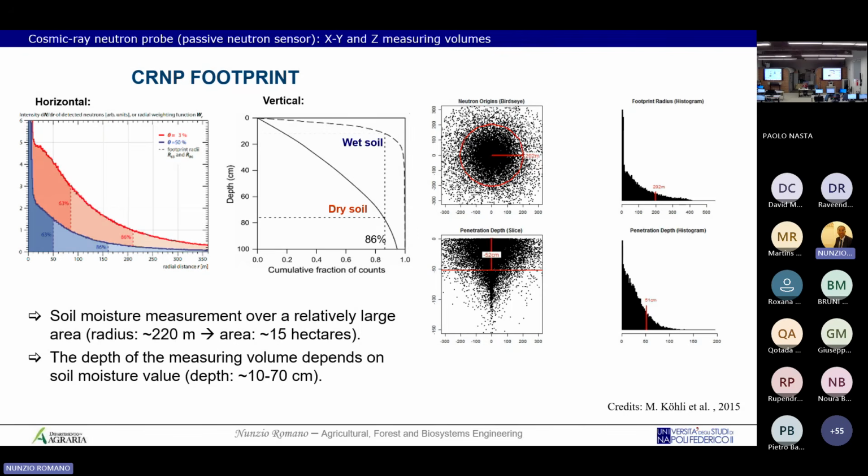So soil moisture in this case for the cosmic ray neutron probe is on average an area of about 15 hectares, and the depth depends on how wet the soil is, 10-15 centimeters for relatively wet soil, but more than 50-60 centimeters for relatively dry soils.